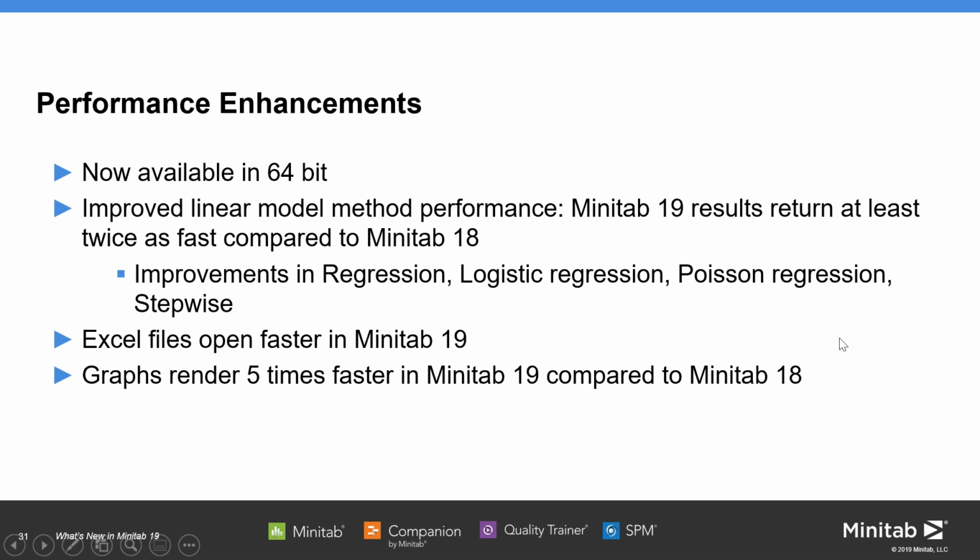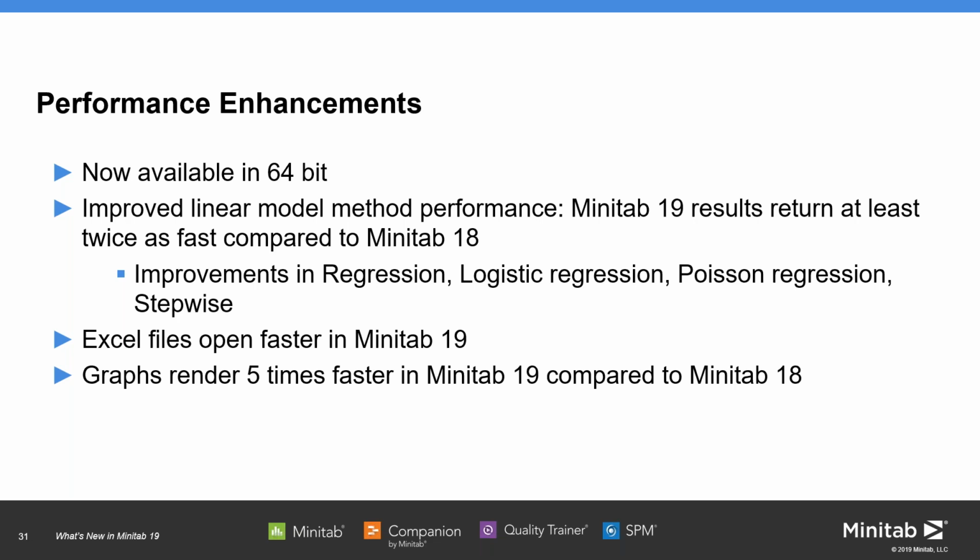Some of the performance enhancements: if you're not familiar, Minitab acquired a company called Salford Systems about two years ago. Salford Systems does decision trees, data mining, and bigger, larger data problems, with useful tools to analyze larger data and different types of problems. Part of the idea behind that acquisition was that we realized customers are having more data coming in from sensors or just the nature of the data collection.